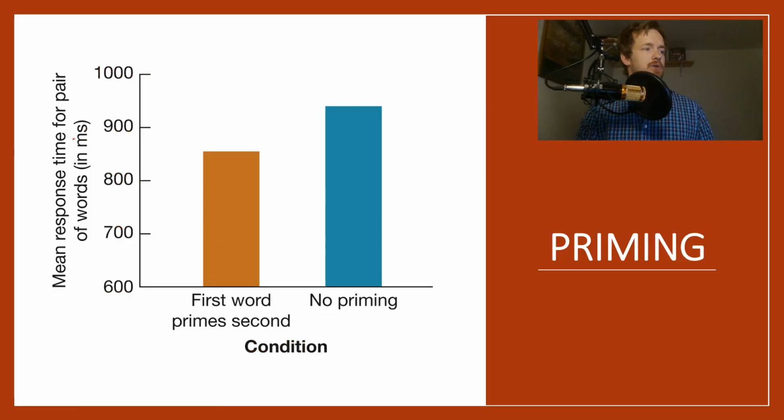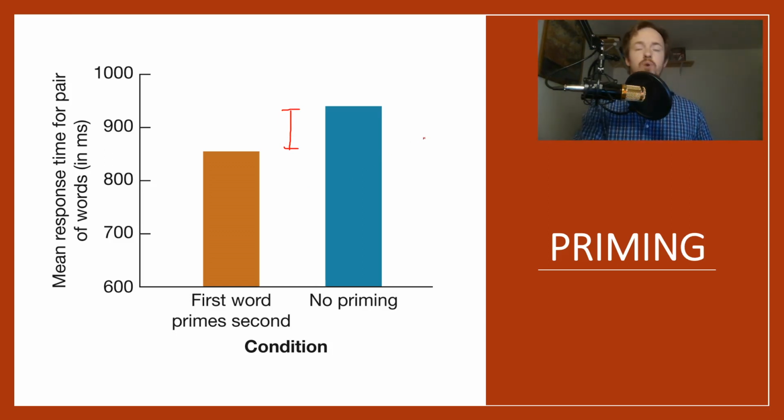So just to show you what that looks like here for priming, this is some of the actual data from that 1971 paper that essentially whenever the first word and the second word are related, you do see a pretty big difference in terms of the reaction times, that people are faster there, and it's a very reliable finding. That is priming.